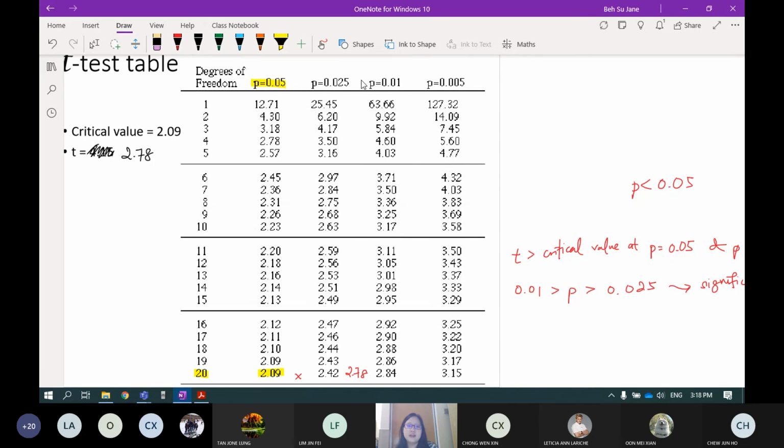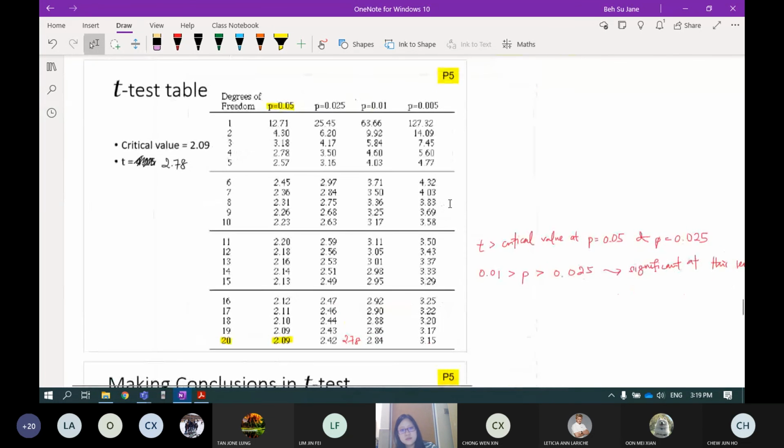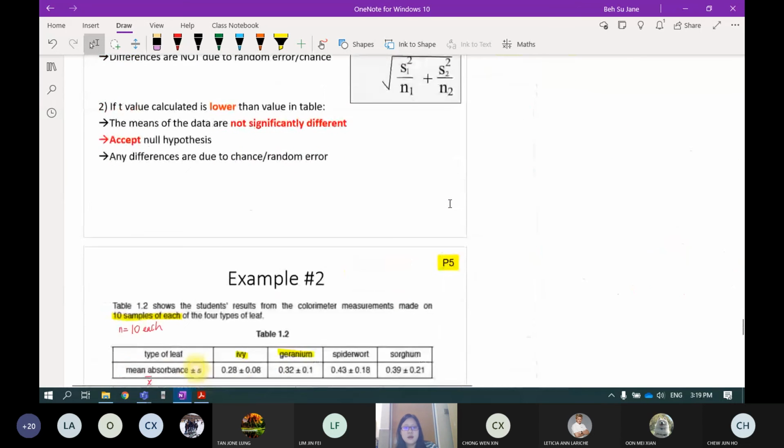You're showing them that your t value is in between these 2 critical values by saying that. I hope that answers your question. So yeah, that's the idea here. With that, I think we're done. If you have any more questions.